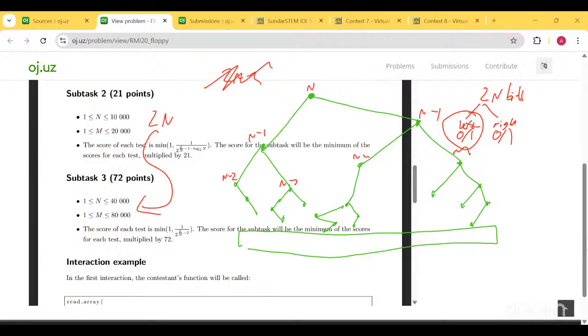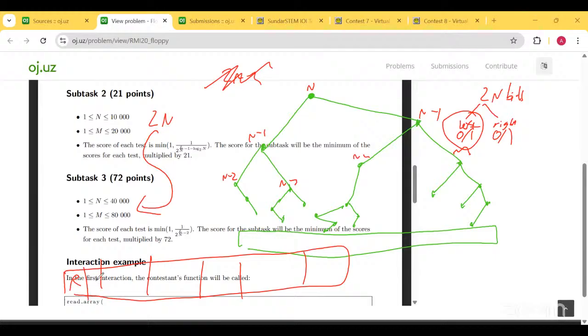Okay, how to know the order of the indices? We only have this array. It has a right child. It has a right child only. It is a leaf. It has both. It has a right child only. It has a left child only. It is a leaf. It has both. It is a leaf. It has both.